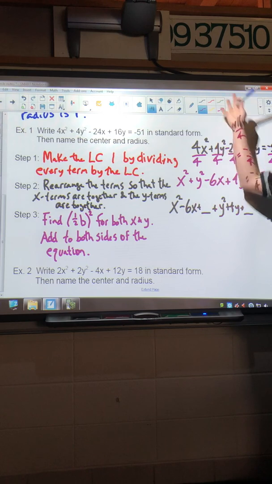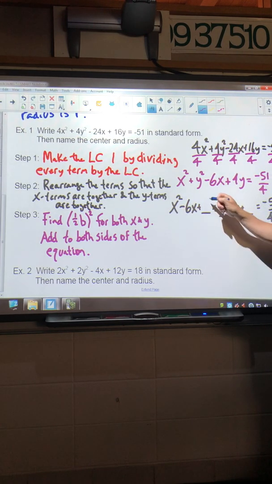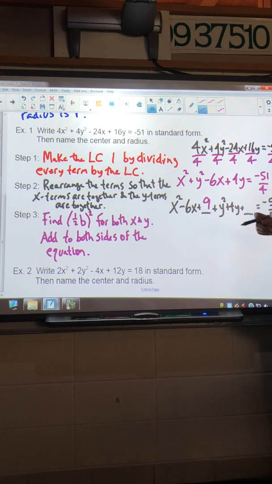Okay, so just like we were doing before, half of -6 is -3, -3 squared is 9. Add 9 to both sides of the equation. Half of 4 is 2, 2 squared is 4. Add 4 to both sides of the equation.